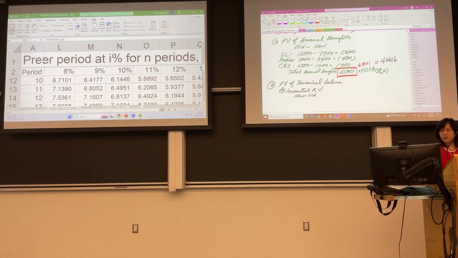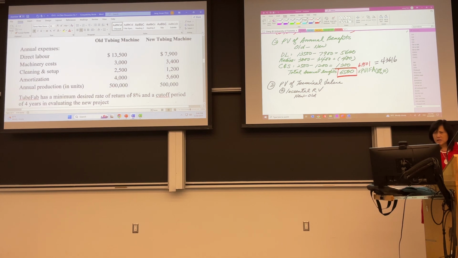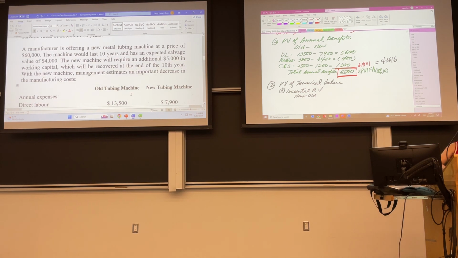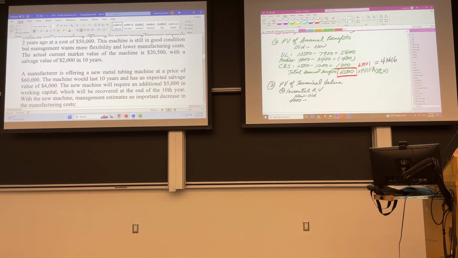So the new machine is going to give me 4,000. Old machine only give me 2,000. So by investing in the new machine, if I keep it for 10 years, I get additional 2,000.